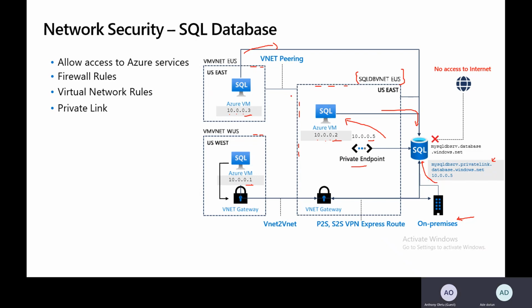This network is paired with this network. Paired means anything inside this network can communicate directly to anything inside the other. These two are also paired, because their gateways are communicating with each other. But remember, this one cannot communicate to this one. See, they are not paired.